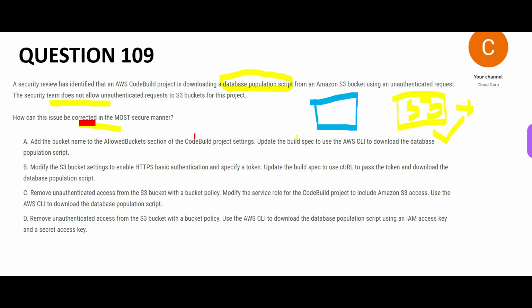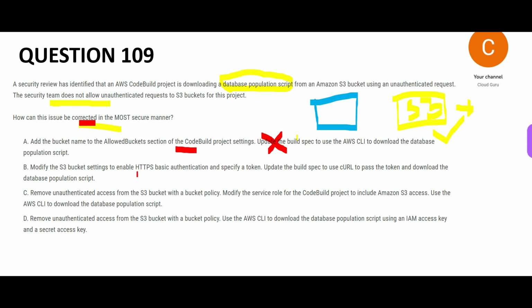A is telling that we will add the bucket name to the allowed bucket section of CodeBuild. That means in the blue box. But the problem is in the yellow box. The yellow box is saying you cannot access. So changing something in the blue box will not help you. You will have to change something in the yellow box.